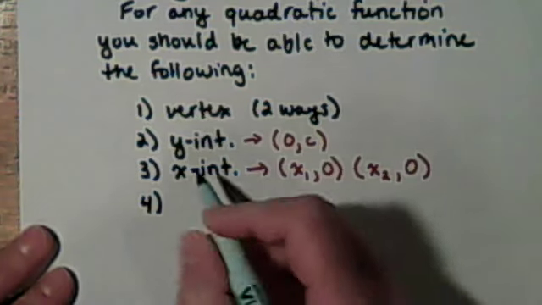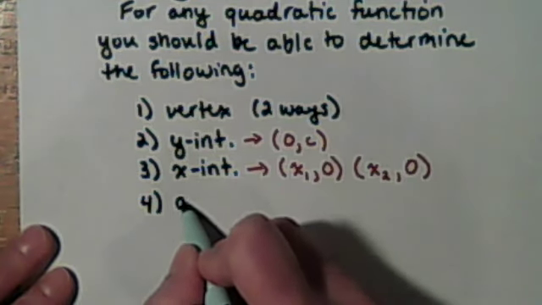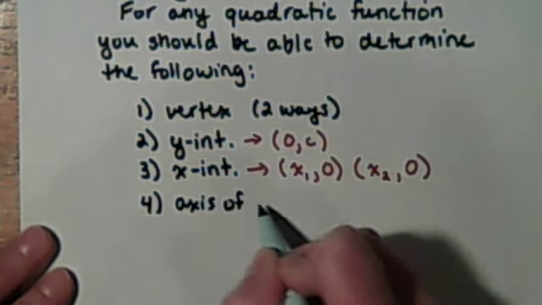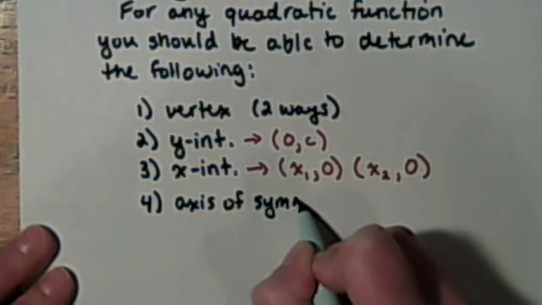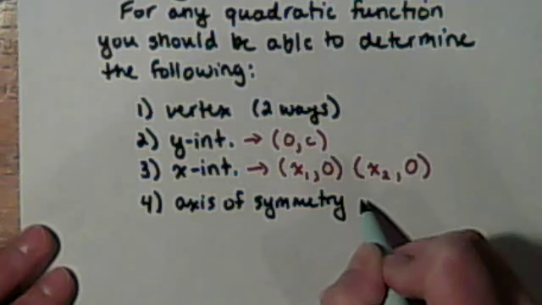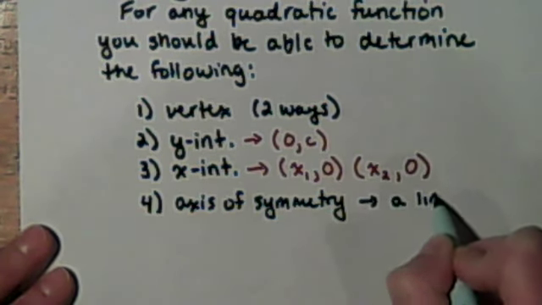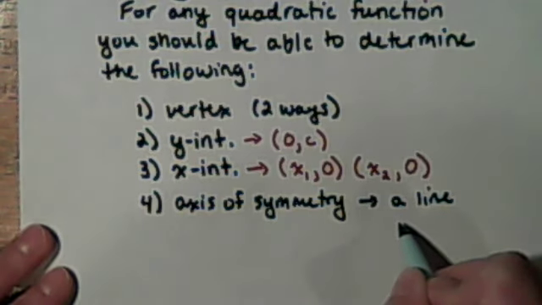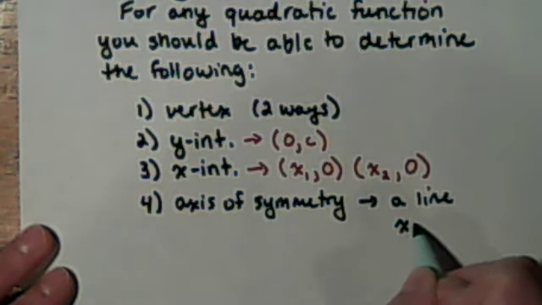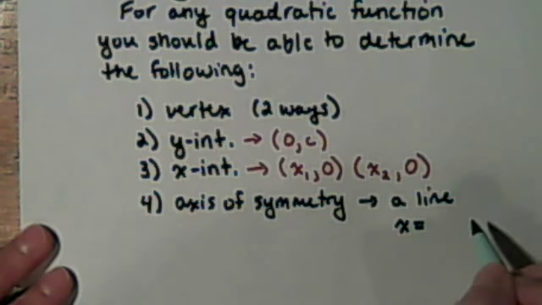The fourth thing you should be able to find is the axis of symmetry. And remember that the axis of symmetry is a line. So it's always going to be written as x equals, because again, as a line, it also is a vertical line.